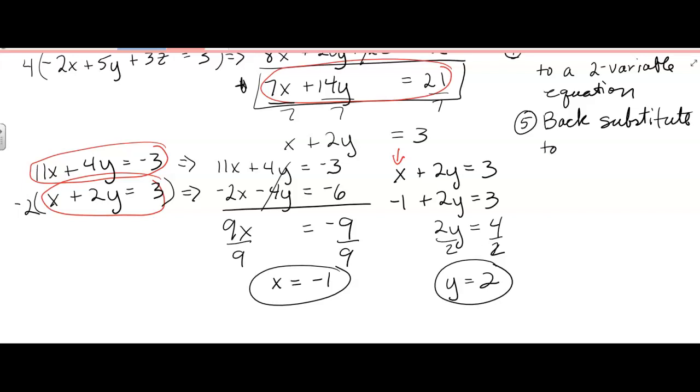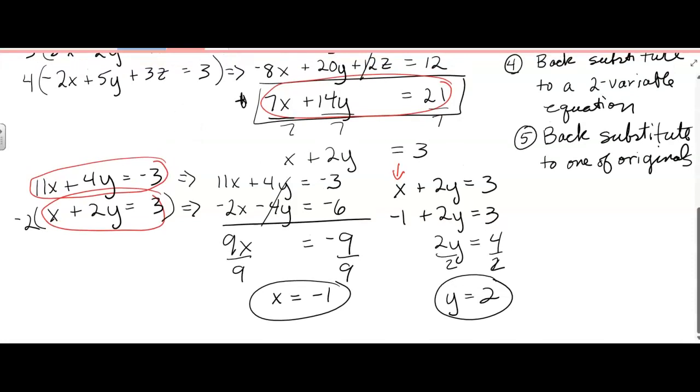It's one of the original equations. Now I can kind of see one of those right here. So I'm going to go with that one that I can see, and I'm going to write it right over there.